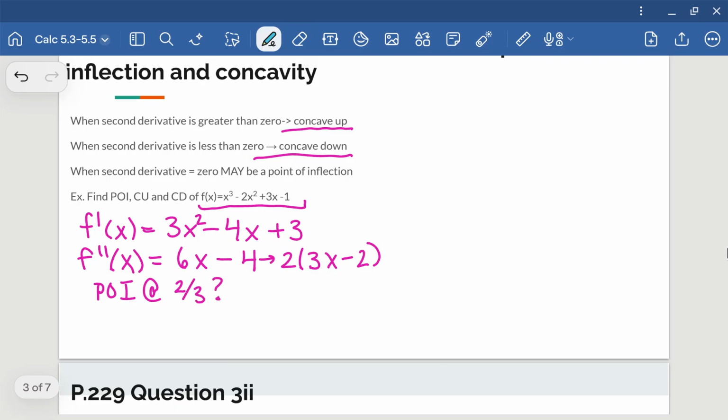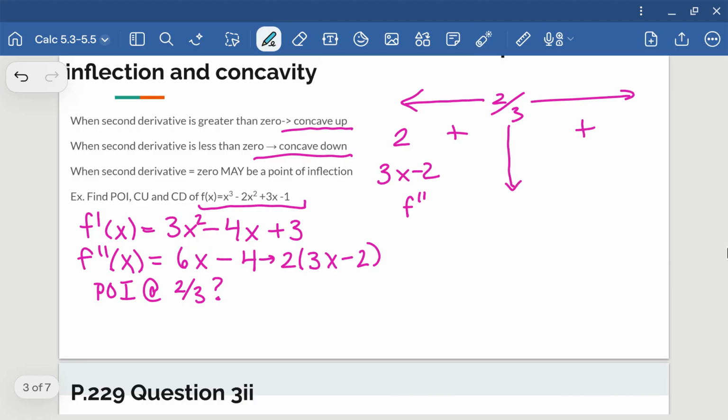To check it, you're just going to do a little bit of a line diagram here and write down your factors. So you have the factor of 2, which is always positive, and then you have the factor of 3x minus 2. And then you want to see what's happening with that second derivative. So 2/3, that's where we're saying we have that possible point of inflection, but we have to check.